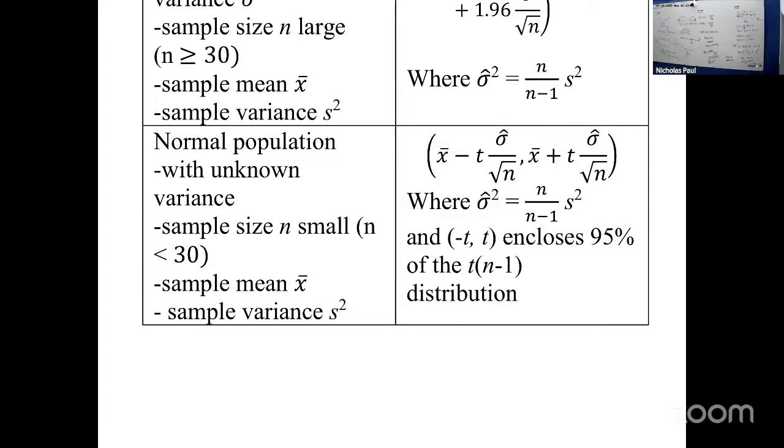Just do me a favor and try this value. T for 9 degrees of freedom, 0.05, 95%. What's that value from the table? Go to your table and read that value up.